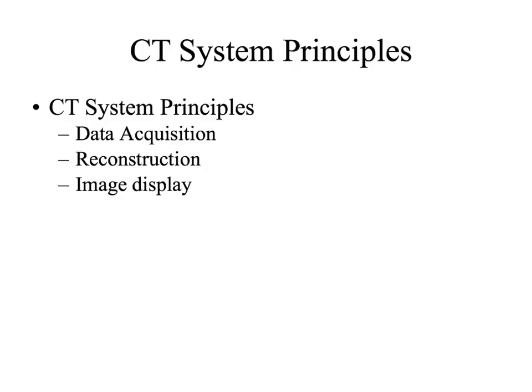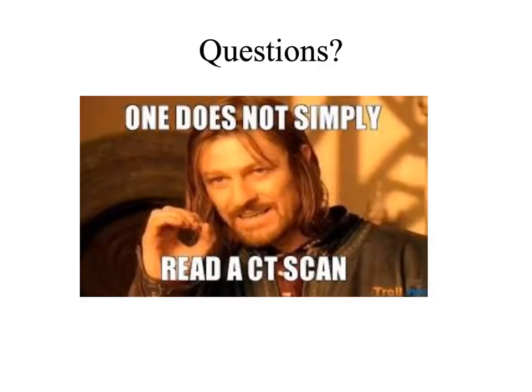But that's largely how instrumentation works in CT. So we're taking this physics of how radiation is created, attenuated, or transmitted, and then we're applying that to instruments that can measure that. Okay? And those instruments largely have to do with data acquisition, computers that can reconstruct that information, and then monitors that can display that information. Okay?